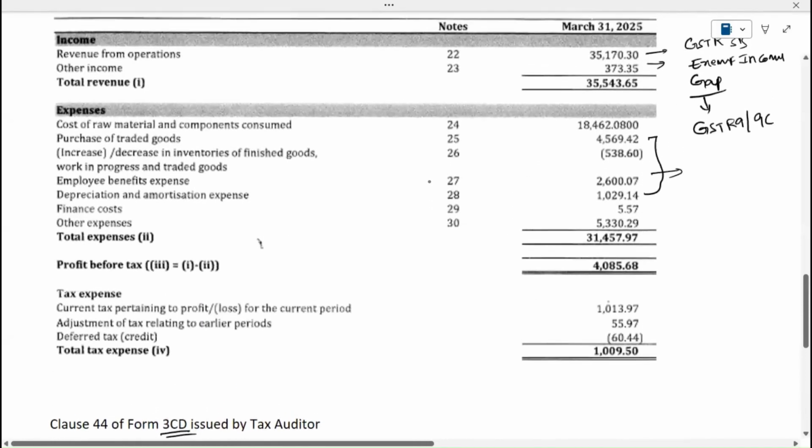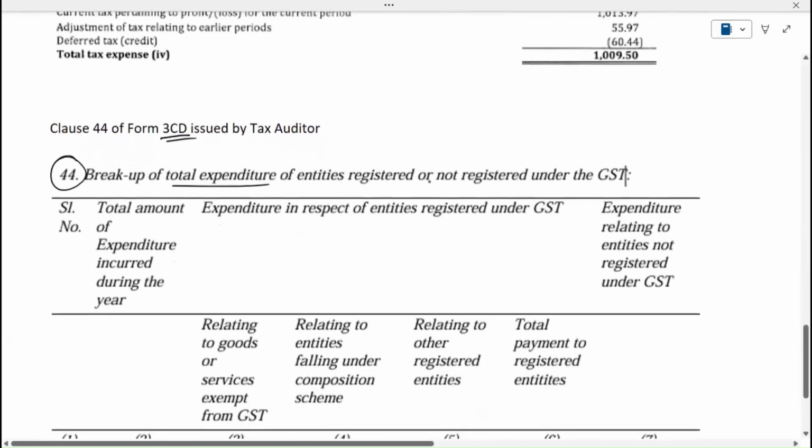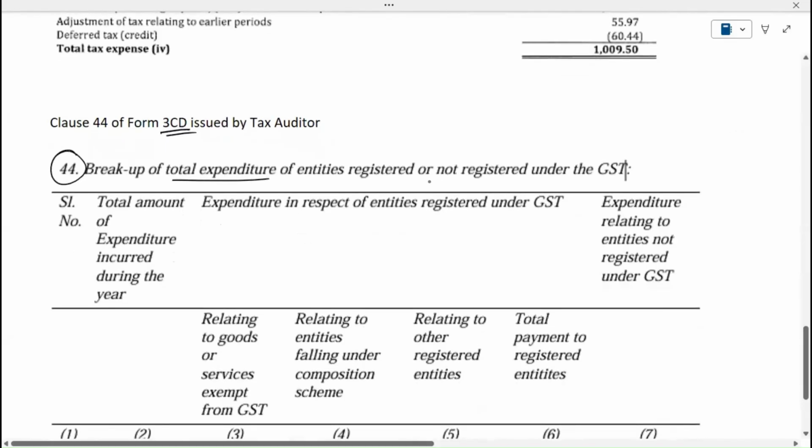What you're seeing here in the P&L account, my cost of raw material, my purchases, then employee benefits, then finance costs, other expenses. Out of these heads of accounts, what is your total expenditure which is from a registered person or from a non-registered person?